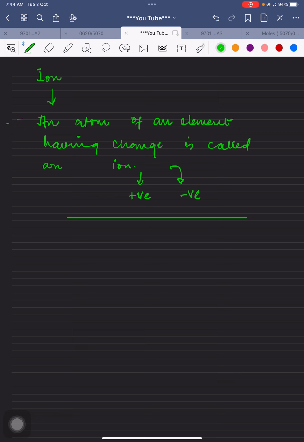Afterwards, I am telling you that there is a type of ion which is called a polyatomic ion. A monoatomic ion is an atom of an element having charge, and that is called a monoatomic ion.